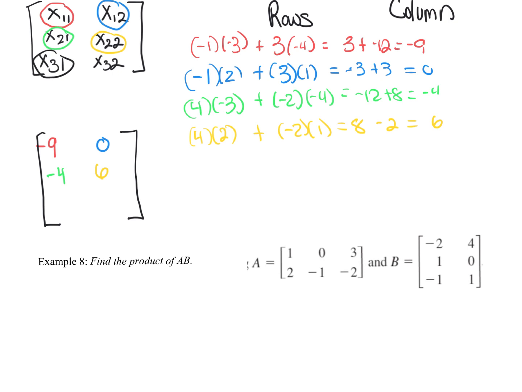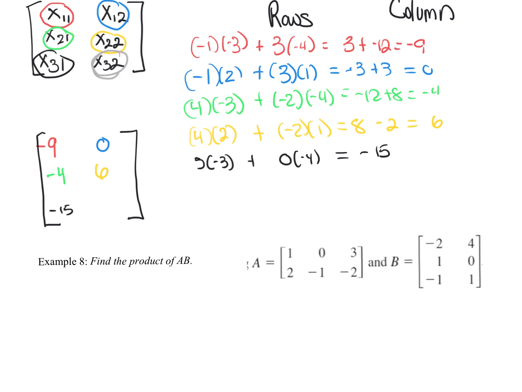This is 3, 1. So I'm going to use row 3, column 1. I get a 5 times a -3 plus a 0 times a -4, which is going to make a -15. And I'll use gray last.